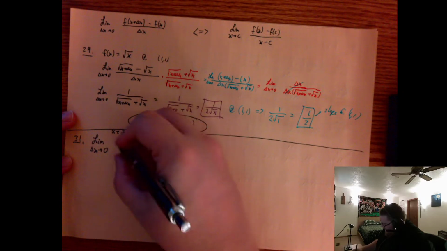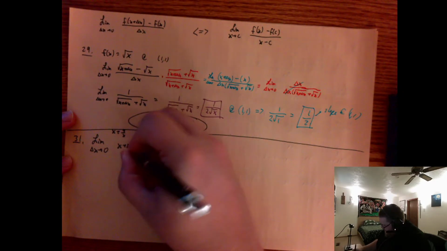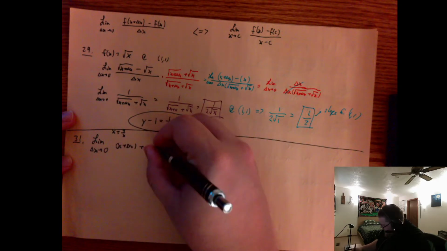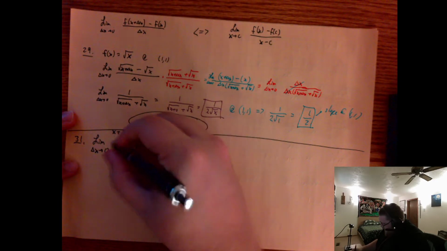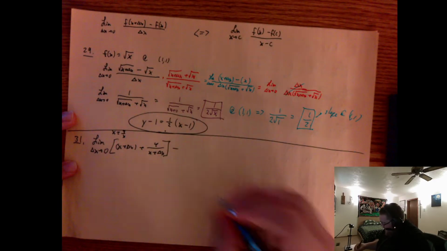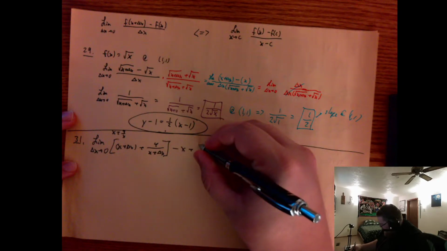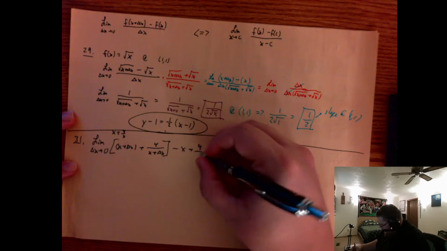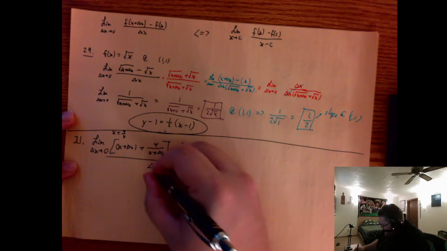So, in this case, I would have x plus delta x plus 4 over x plus delta x. So this is my f of x plus delta x minus my f of x, which would be x plus 4 over x, all over delta x.